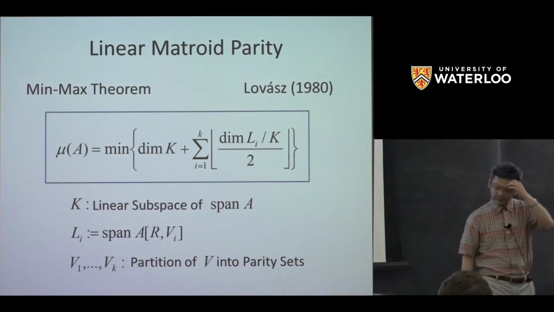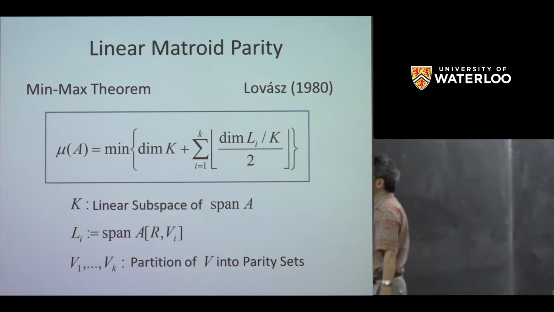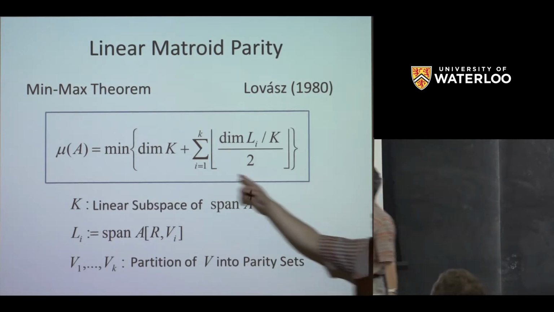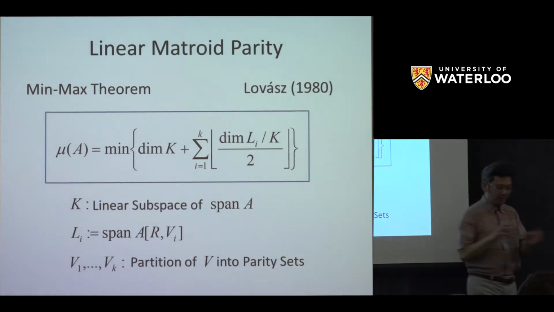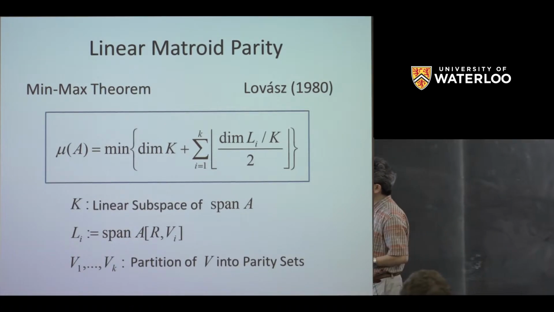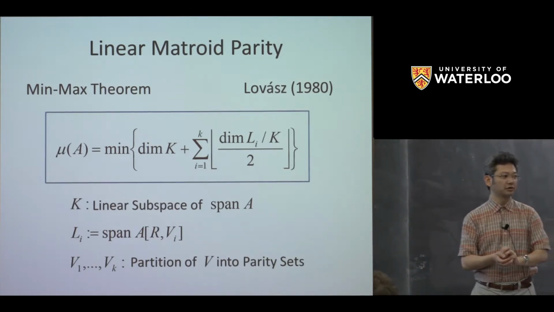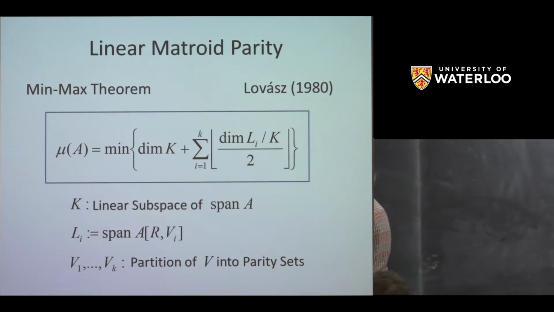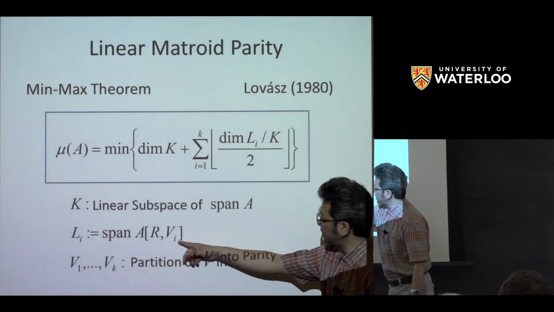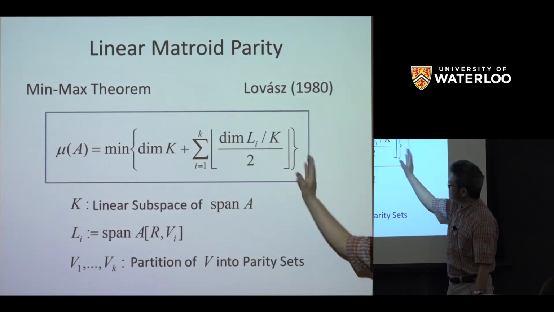The maximum number of independent lines is equal to the minimum of this expression on the right-hand side, where the minimum is taken over all linear subspaces K in the span of A. Basically, after taking the quotient by K, we take the rank of the span of each component of the partition, divide by 2, round it down, and take the sum.